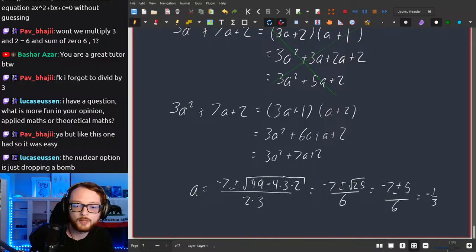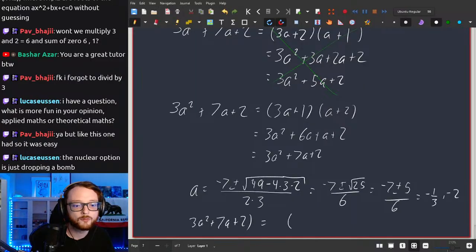If it's negative 7 plus 5, we get minus a third. If it's negative 7 minus 5, we get minus 2. And so with that result, what you would do is you would say 3a squared plus 7a plus 2 is equal to a minus one of the roots times a minus the other root.